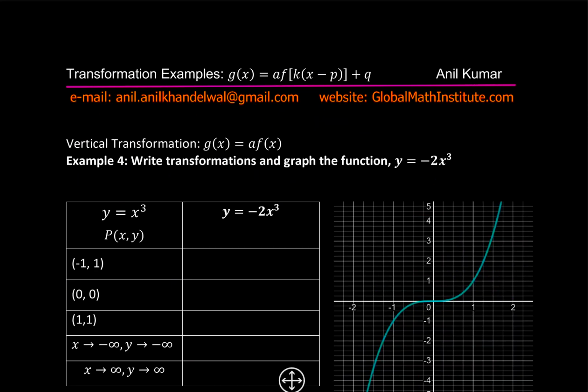So now we have vertical transformation. Let us see how we incorporate vertical transformations while sketching a graph. The question here is example 4. Write transformations and graph the function y equals minus 2x cubed. Minus means reflection on the x-axis. So one, we could write here, reflection on the x-axis.